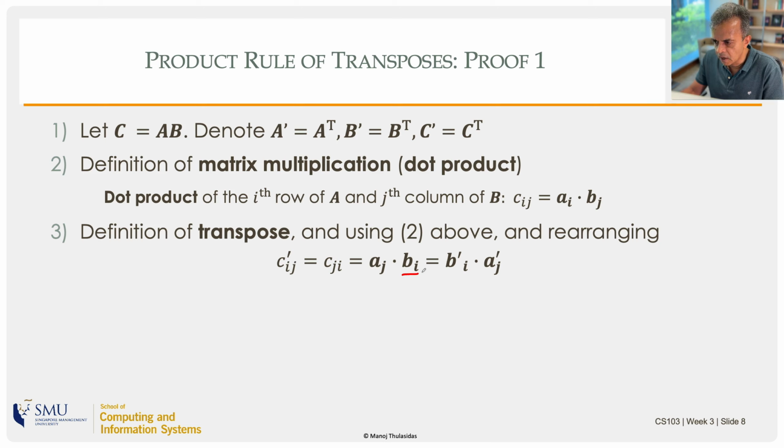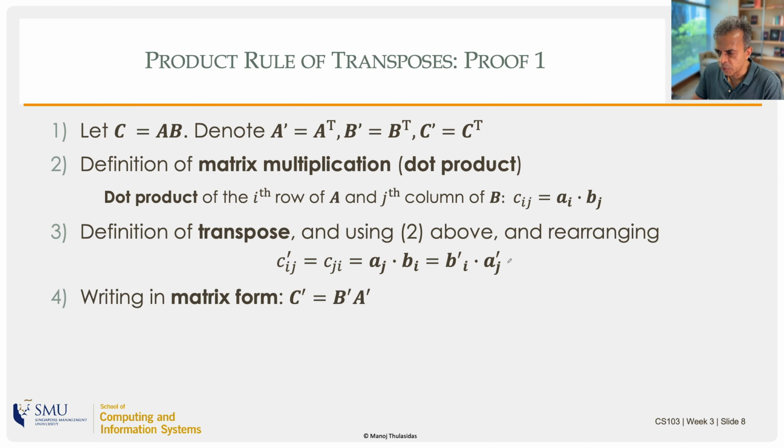Why? Because the ith column of B is the same as the ith row of B prime, because B prime is B transpose, so the rows there are the same as the columns of the original matrix. Similarly, the jth row of A is the same as the jth column of A prime, because A and A prime are transposes.